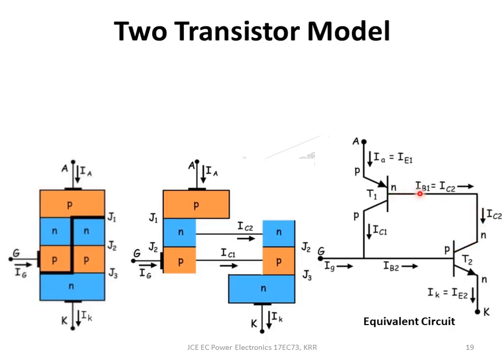So I can write this as IB1 equals IC2. Similarly, the collector current of the PNP is coming to the base of this NPN transistor, and the gate is coming from here, which is connected to the P layer of this particular transistor.